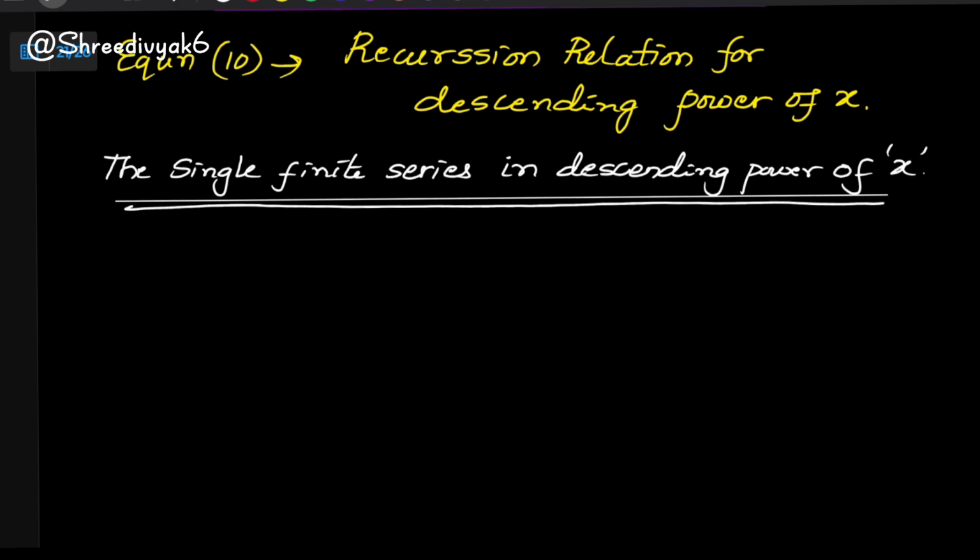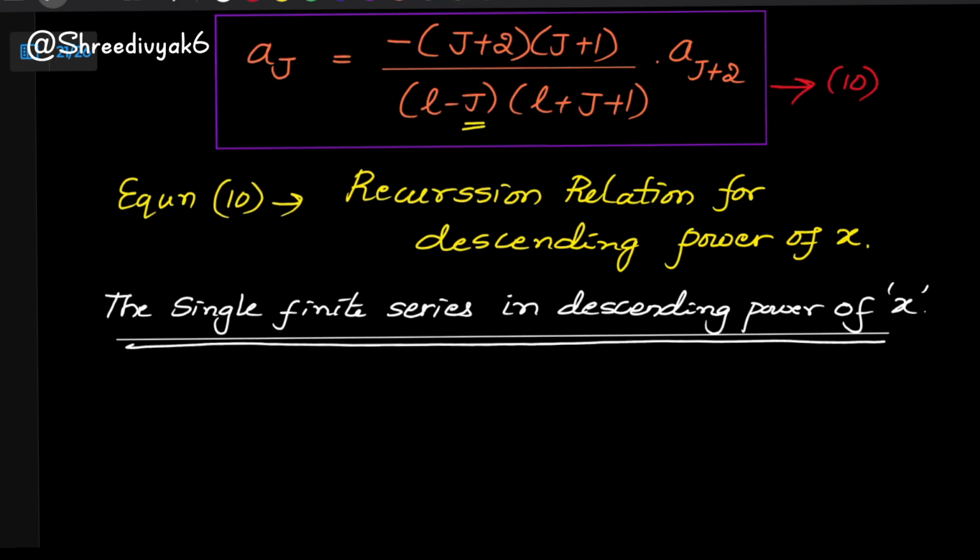Now, in order to have these descending powers of x, I'll go on changing the values of j. Then I'll get a general series, and that general series is my finite series. Now here, to have that finite series means we are combining the even power series and odd power series into one finite series.